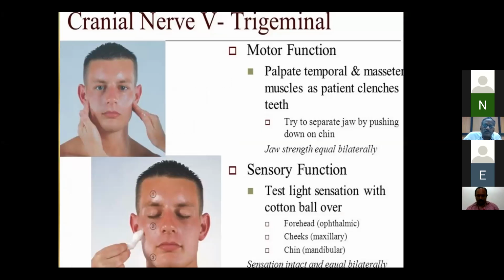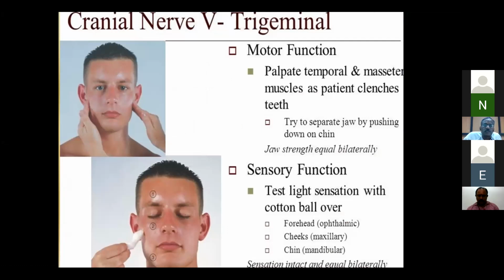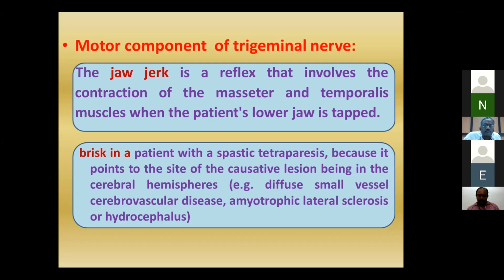Next, for sensory function, ophthalmic division, maxillary division, mandibular division, using cotton we examine the three nerves separately, as the yellow line indicates. Next, jaw jerk. The jaw jerk is a reflex that involves contraction of the masseter muscle. When you tap, due to contraction of masseter and temporalis, the patient's lower jaw is tapped up.